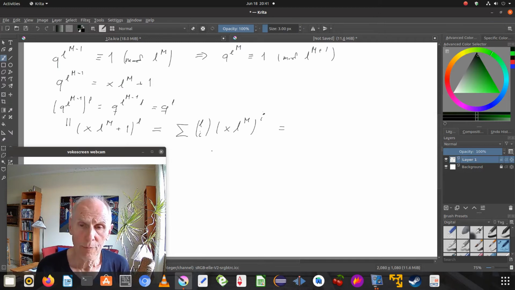This is an I. When I is naught, we get unity, and when I is larger than or equal to 1, we get a factor L here, because it's a prime, and L to the mth in some power, which is at least L. So you can put this outside the parenthesis and then get a lot of numbers, integers in here.